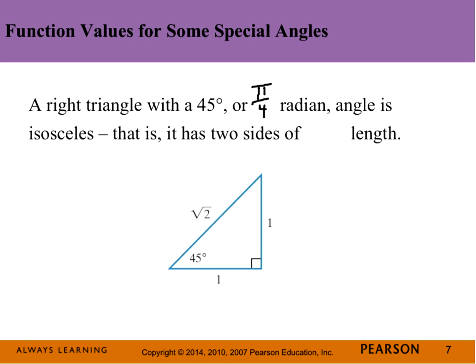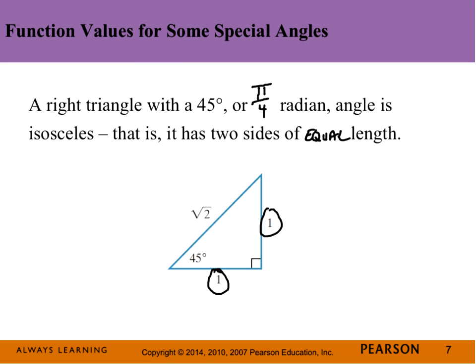This is an isosceles triangle, meaning that I have 2 equal sides here. So you can see that the legs of my right triangle are the same, and so it has 2 sides of equal length.